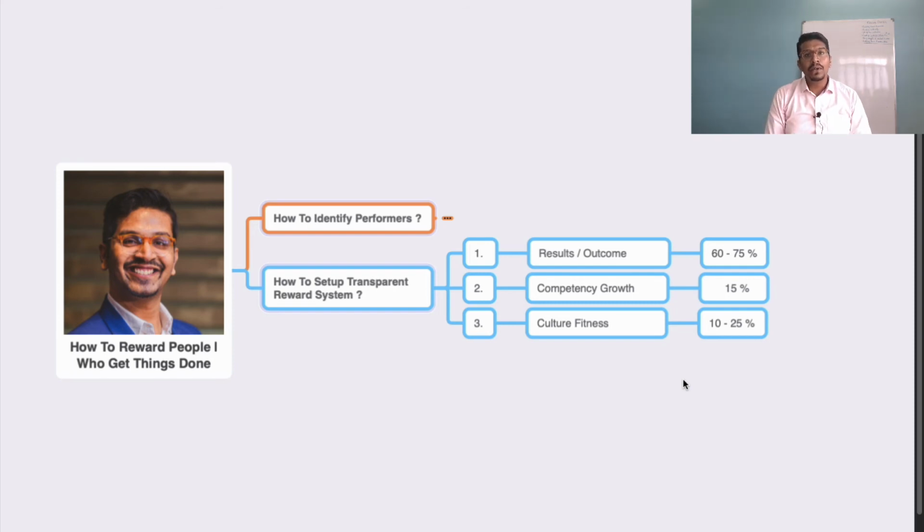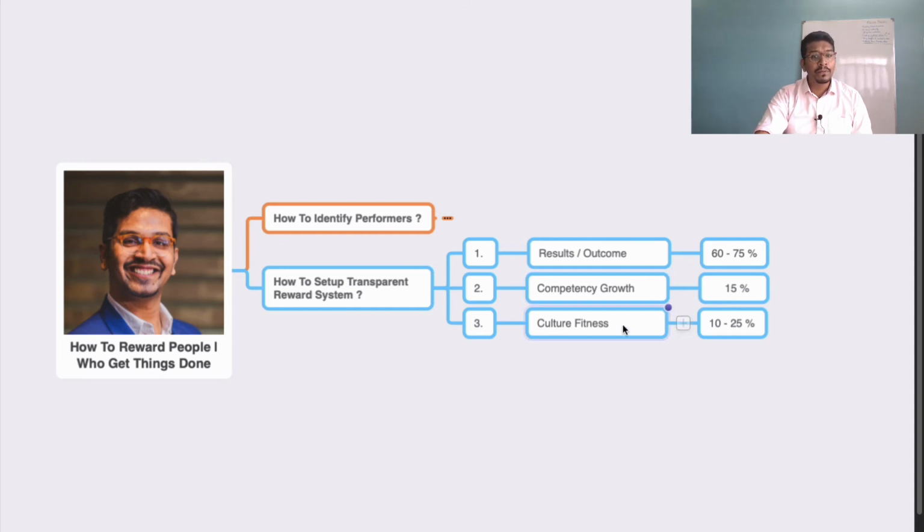So now what you can do is, for those 10,000 rupees for each member, you start allocating a percentage. If that specific member has created the results and outcome that you are expecting, give them a whole 60%. If they have developed those performance skills and knowledge, those competencies that are required to perform that job, give them an additional 50%.